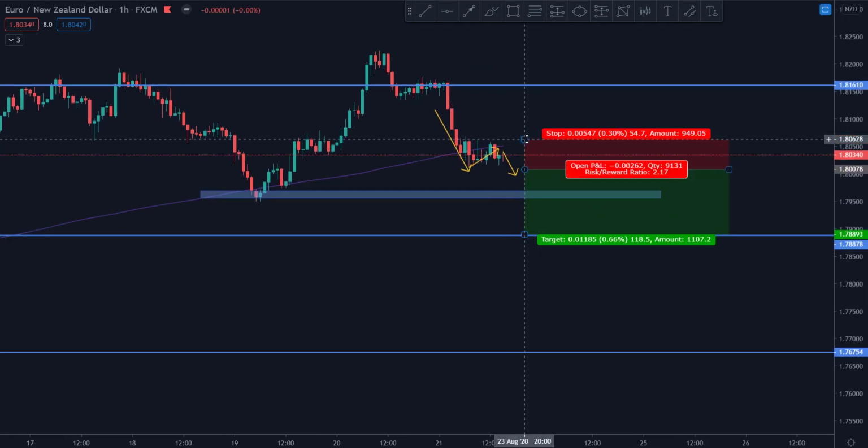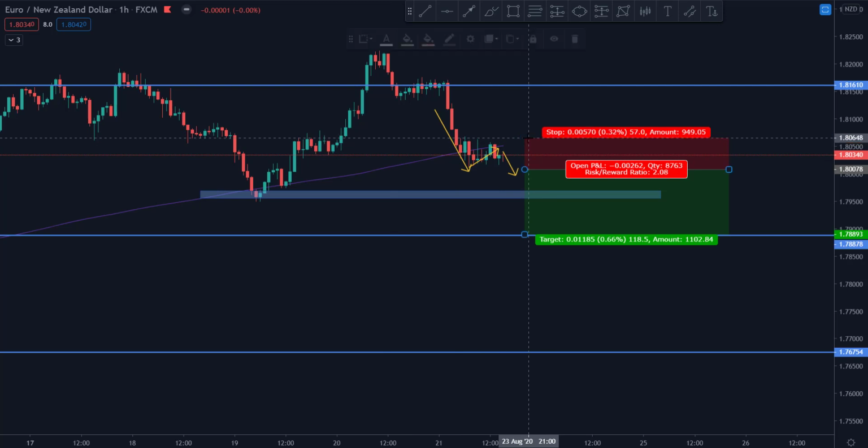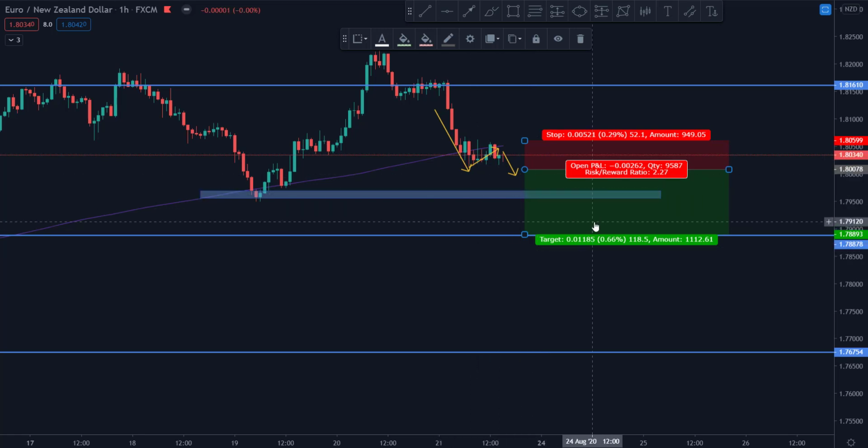Yeah, it's perfectly well here, above our moving average, as you can see. It could be like 50 pips, 52 pips. Our target, possible take profit, almost 120 pips, right?